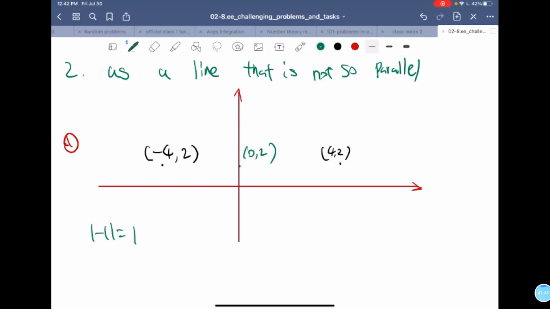Actually, some equations depend on negative and positive, and the answer is different. For example, -2 minus 2: in the equation you can't make -2 a positive. It has to be -2 minus 2, which is -4, and then you make the 4 positive.